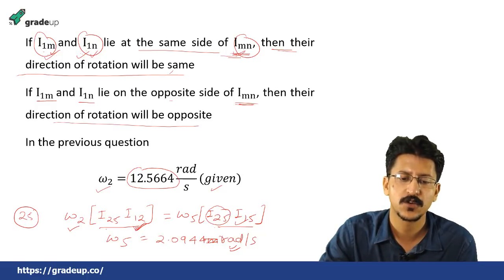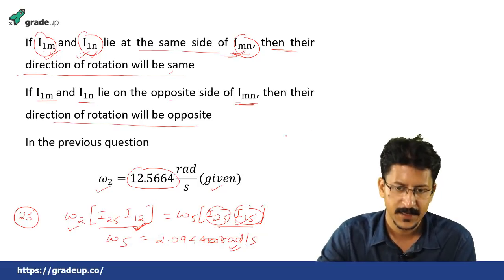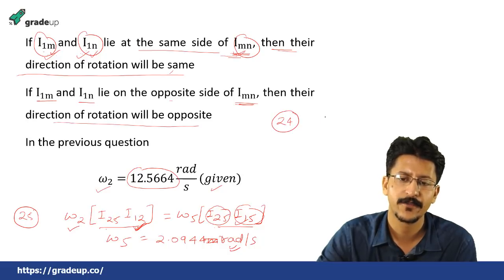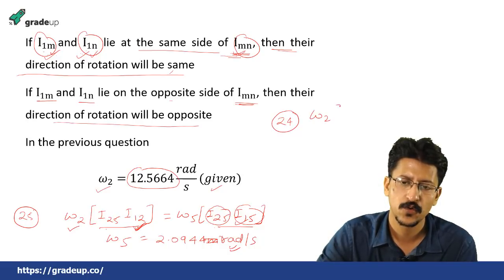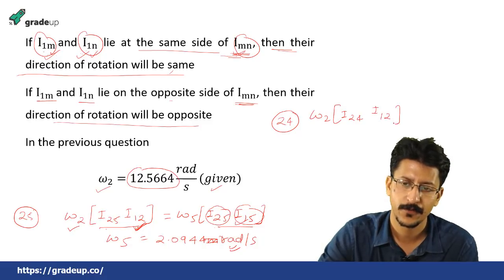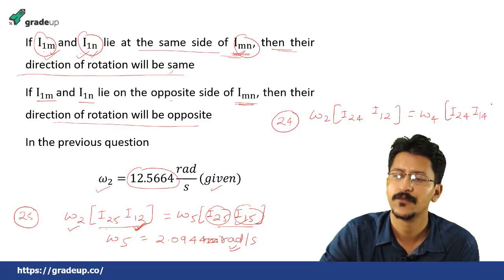Since link 2 is rotating in a clockwise direction, link 5 will rotate in an anti-clockwise direction. Similarly, taking links 2 and 4, omega 2 I24 I12 will be equal to omega 4 I24 I14.